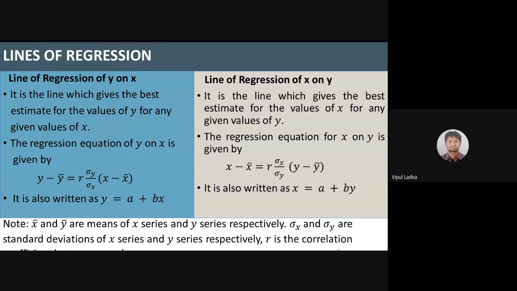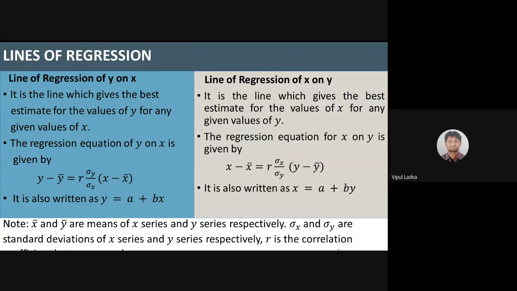When we are trying to estimate a value of y under the condition that x is provided, x दिया हुआ है और y trace कर रहे हैं, y identify कर रहे हैं, then we need regression line y on x. If y is provided and we are looking for the value of x, then we will be taking help from the regression line x on y.